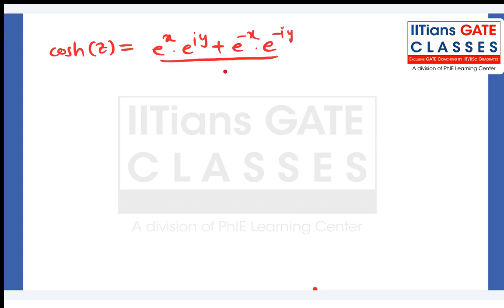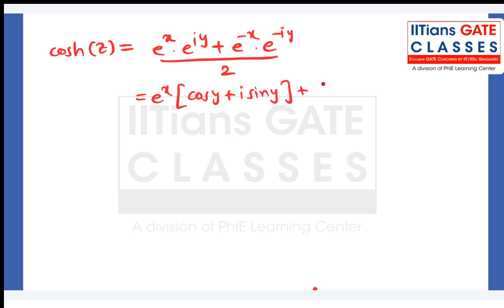I'm just doing a straightforward property of powers. Now we know that e to the power iy is nothing but cos y plus i sin y.